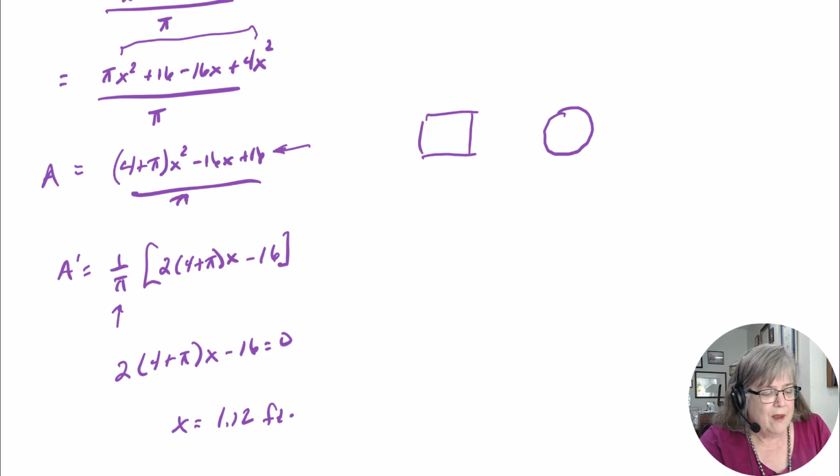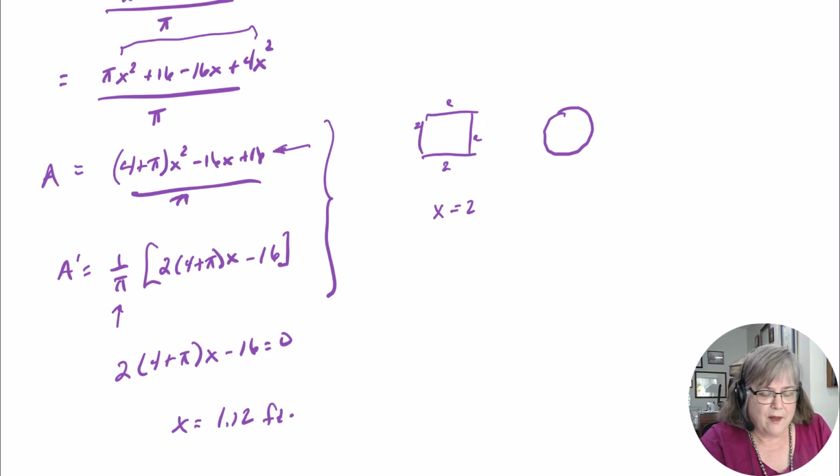If you take the 8 feet and put it only on the square, then x would be 2 all the way around. Because these are all x's, we're looking at what's going on with the square, because this doesn't have r in it. So the biggest x can be is 2, because that would take up all the wire and you would have no circle at all.